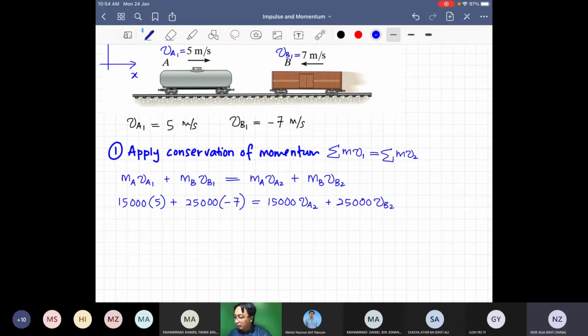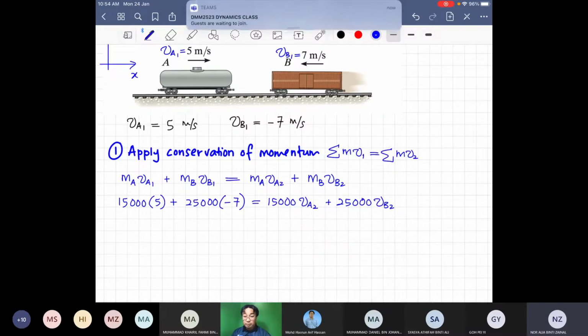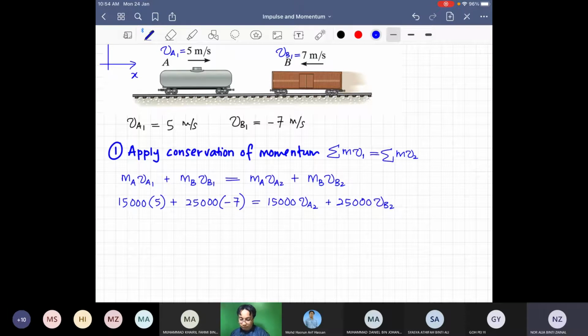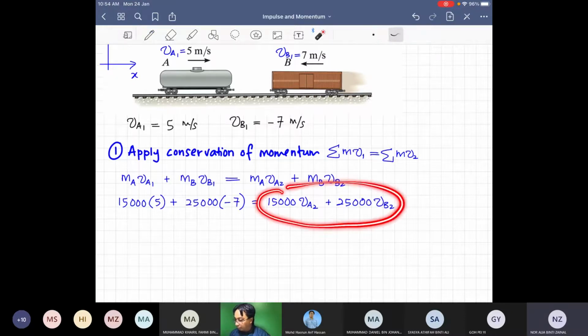So kita akan settlekan bahagian depan ni dulu. Let's see what we have the value. So kita ada 15,000 times 5 minus 25,000 times 7. Kita ada minus 100,000. So kalau saya tulis semula, saya tulis yang unknown dulu di depan.